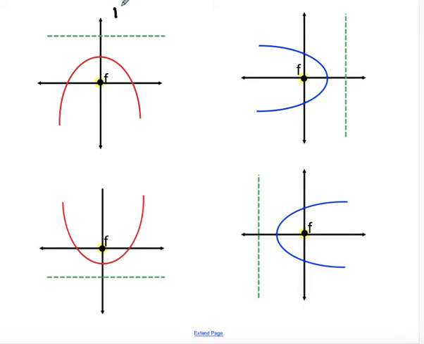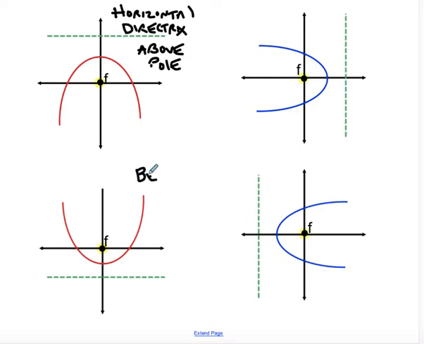This would be an example of a horizontal directrix above the pole. And this would be below the pole. Remember, the pole is at the origin. That directrix is below it.